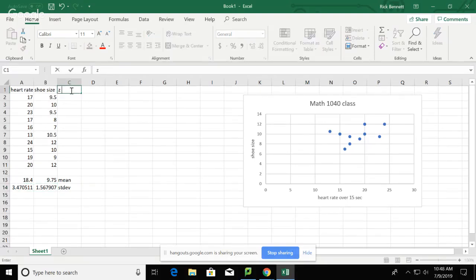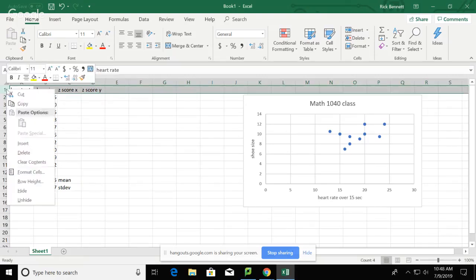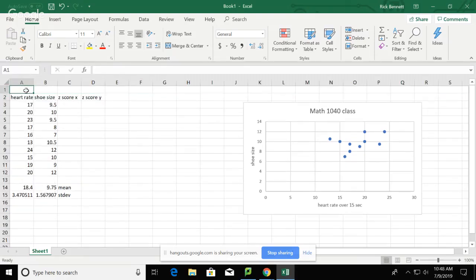Now I need to find my z-score for the x and my z-score for the y. Okay, so we are assuming, by the way, the heart rate is the x variable and the shoe size is the y variable.